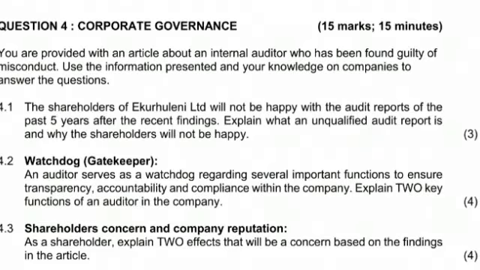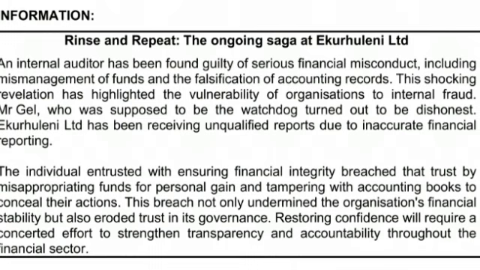So going to our information, it's titled Rinse and Repeat, the Ongoing Saga at Ekurhuleni Ltd. An internal auditor has been found guilty of serious financial misconduct, including mismanagement of funds and the falsification of accounting records. This shocking revelation has highlighted the vulnerability of organizations to internal fraud. Mr. Gell, who was supposed to be the watchdog, turned out to be dishonest. Ekurhuleni Ltd has been receiving unqualified reports due to inaccurate financial reporting.